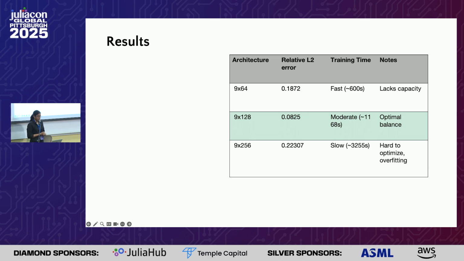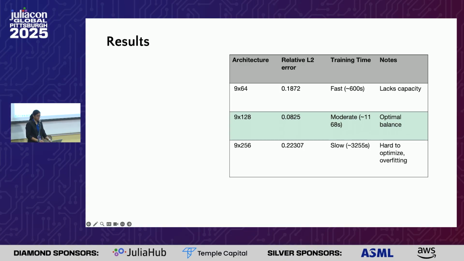And if we consider the 9-layer 256 neuron architecture, it was very slow to train, and surprisingly the accuracy was worse compared to the 64 neuron network, at around 22%. I think this is because the loss landscape is much more complex and non-convex, making it difficult for the optimizer to find a good solution.